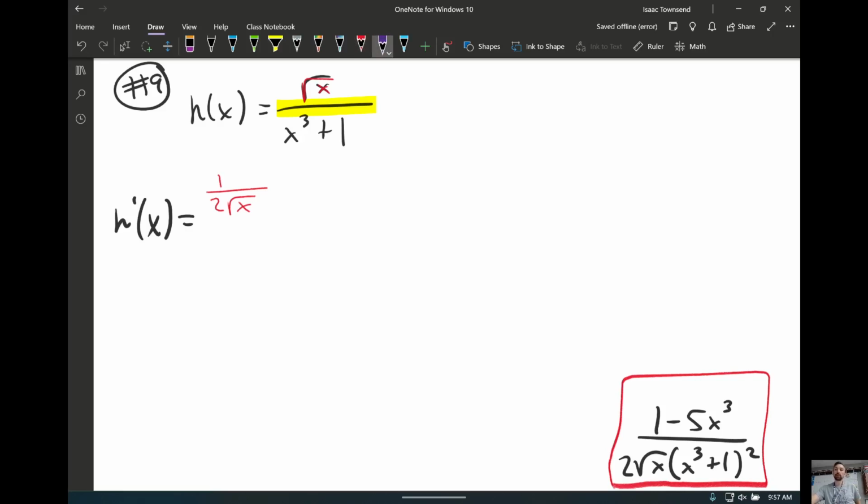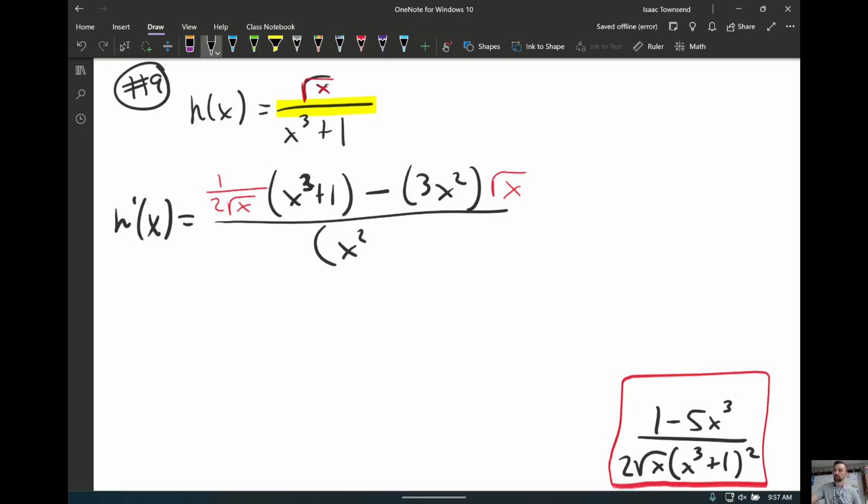When you lower the power by 1, it moves to the denominator, times the denominator left alone, minus the derivative of the denominator times the numerator left alone, all over, bless you, the denominator squared.